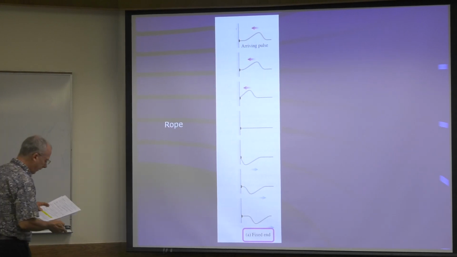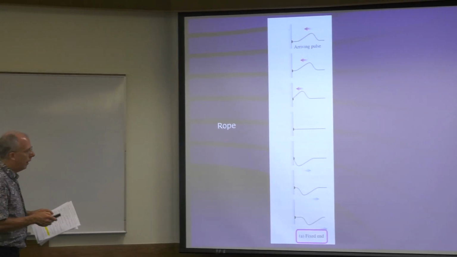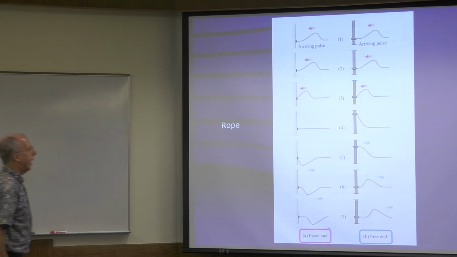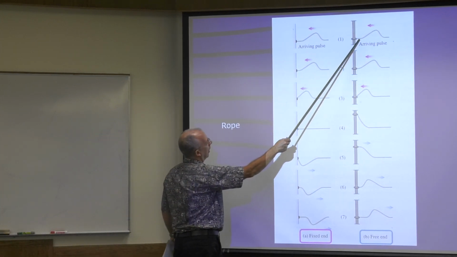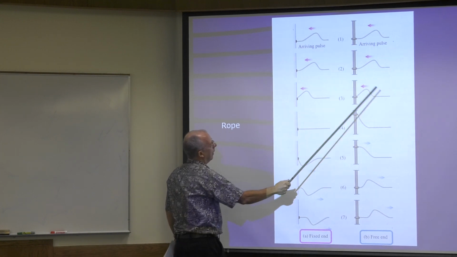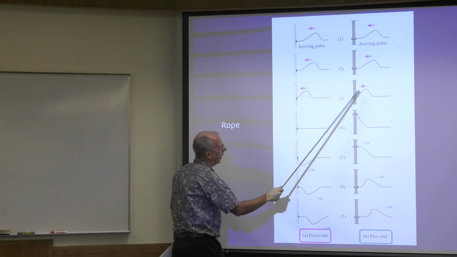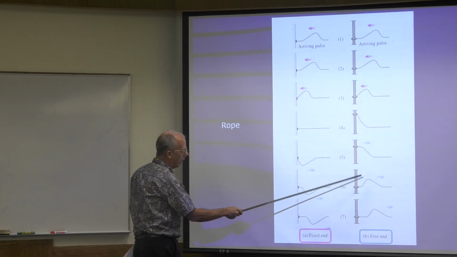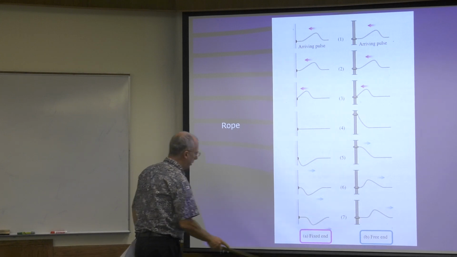Okay? Nice. Now, let's do it with a free end. So now you can see that the rope is attached to some circular thing, and this is free to move. So you have the pulse coming in, and what happens? Does the pulse flip? Does it invert? No, it doesn't invert at all.